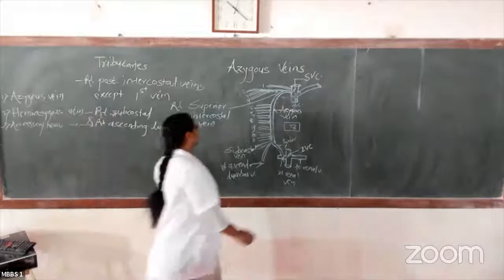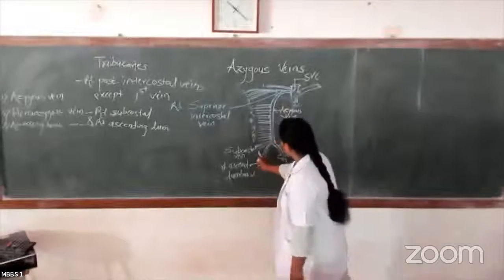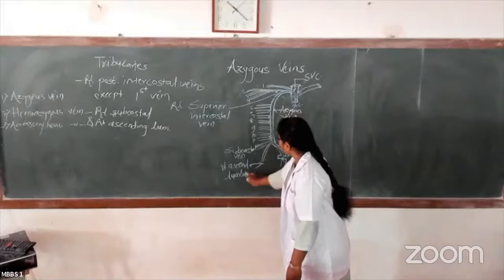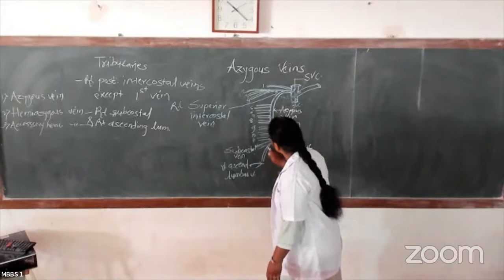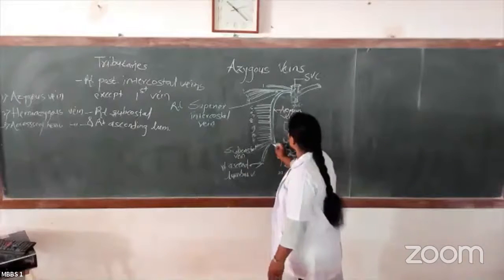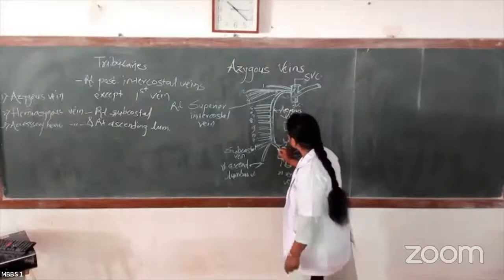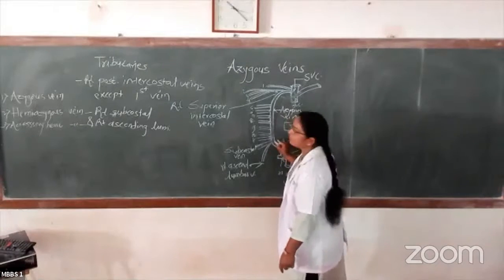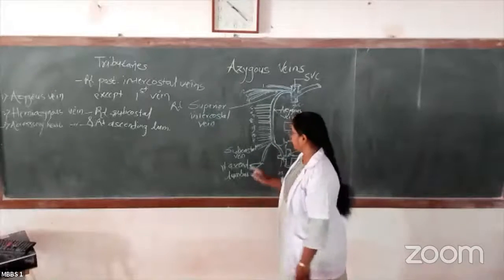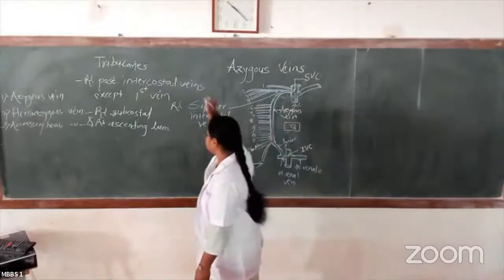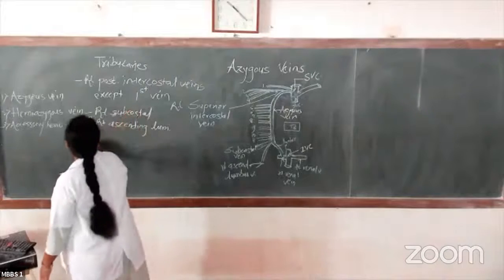See here, this is the subcostal vein and this is the right ascending lumbar vein which opens into this azygous vein at the level of the 12th thoracic vertebra. So this is the second tributary.